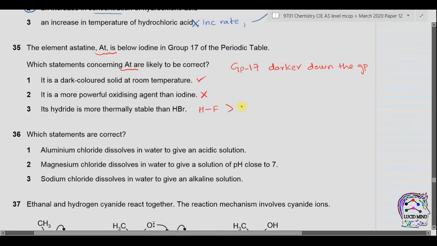HF has the highest bond strength, then HCl, then HBr, then HI, and astatine is in the last. So it is not more thermally stable, it is actually less thermally stable than HBr. So the only option which is correct is 1. So the answer is D.